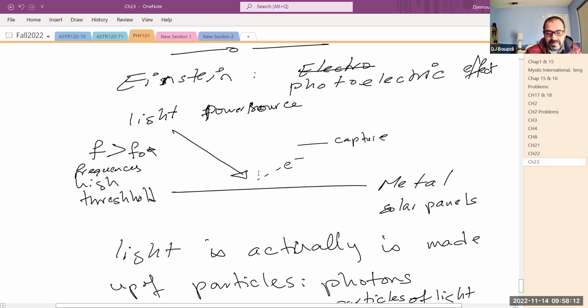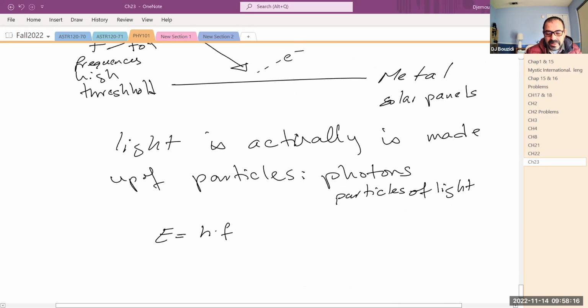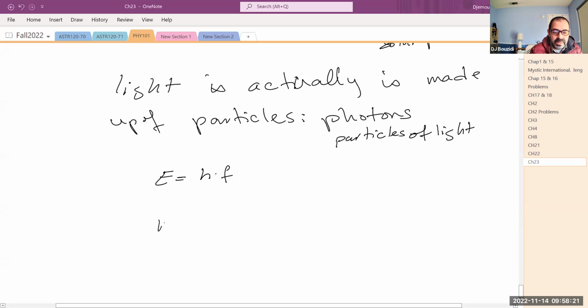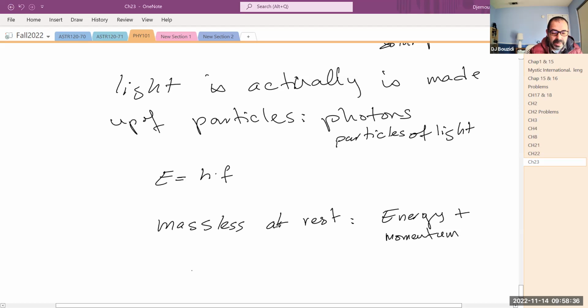If you don't have enough energy, you're not going to create that motion. So these are particles, they don't have mass, they are massless at rest, but they have energy plus momentum. Now we're dealing with a collision of two particles, namely a photon plus an electron. This is the picture that emerged.